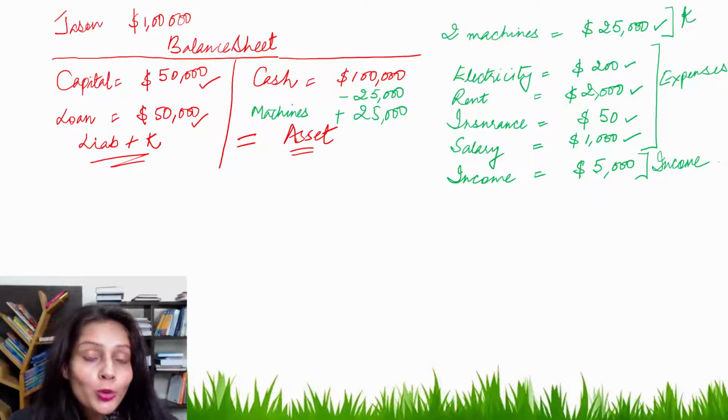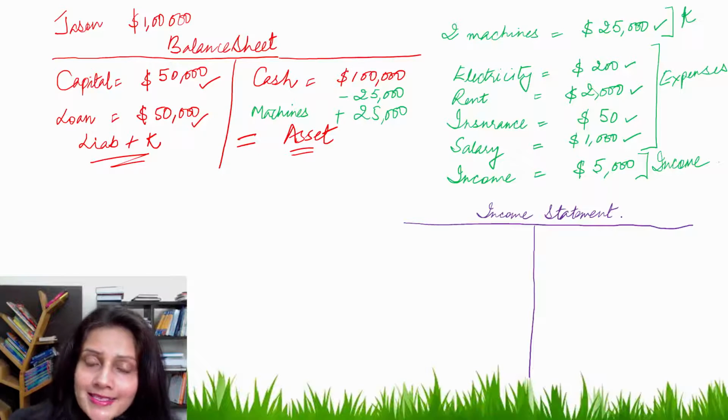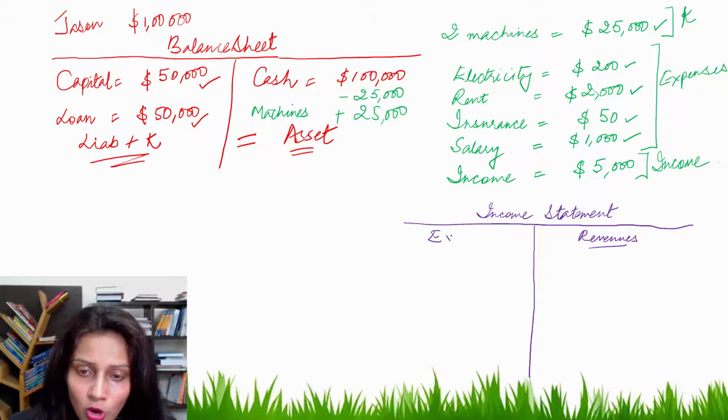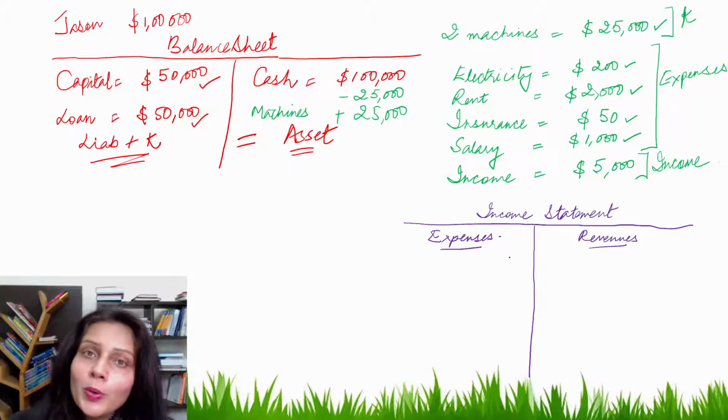So let's see what an income statement looks like. Once again, I will show you the income statement in a T form. That is just for ease of understanding. On the income statement, on one side, I will list the revenues, and on the other side, I will list the expenses. So let this side be that of revenues and this side be of expenses. And remember that capital expenditures will not go in the income statement. So what expenses do we have?